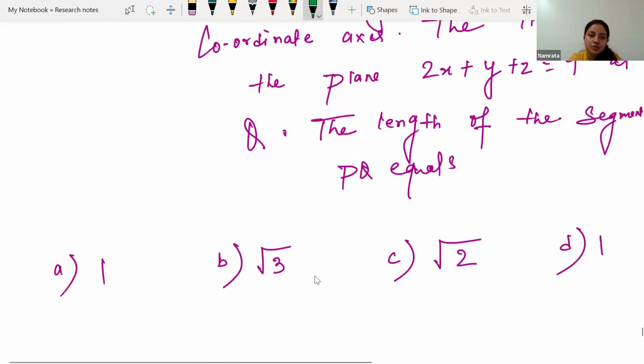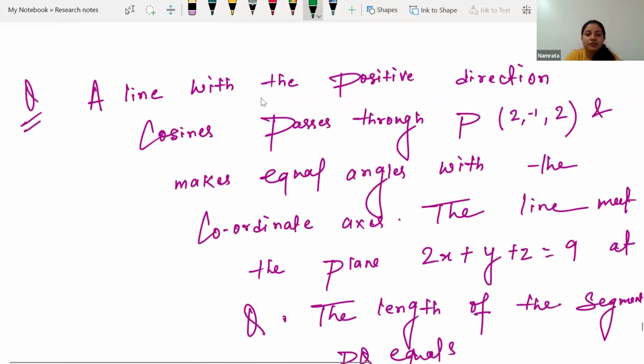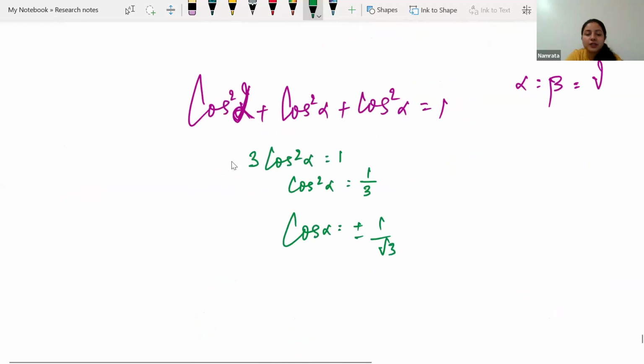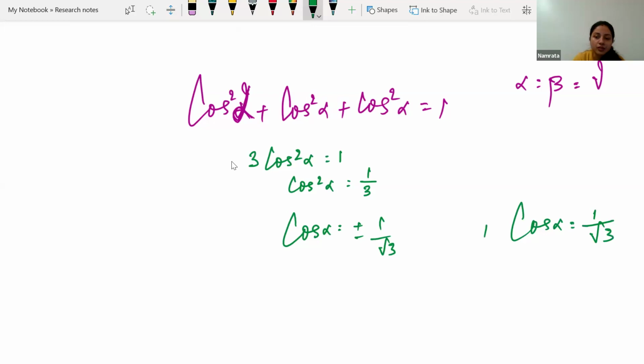Let's see what the question says: a line with positive direction cosines. So the direction cosine is positive. We have two possibilities, plus and minus, and we will take the positive one. So cos alpha equals 1 by root 3, positive 1 by root 3. Okay.